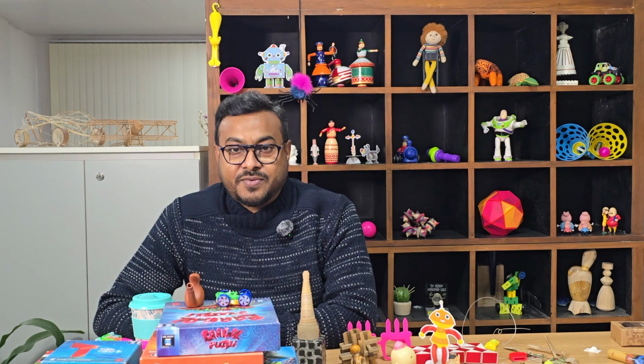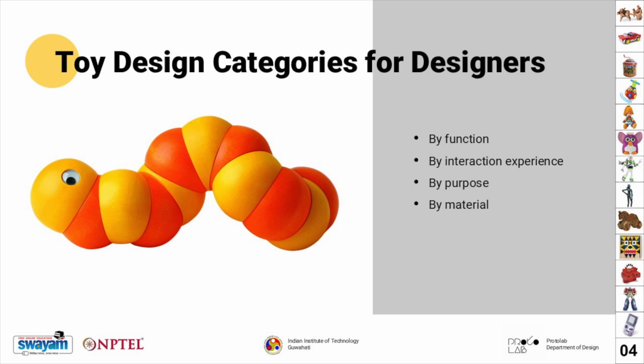So let's look at toys across different categories, not to limit them, but to understand their richness. The categories that we will discuss first are the ones that will aid us as designers, such as by function, interaction, experience, purpose, and material.